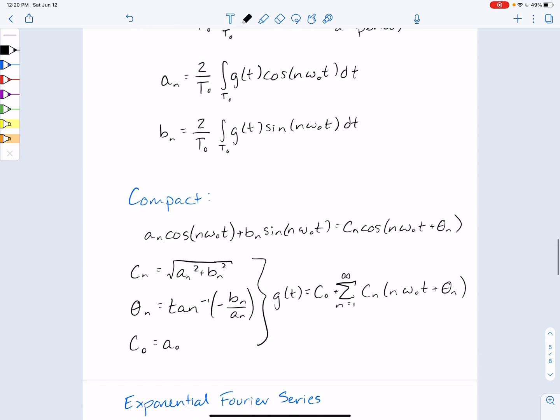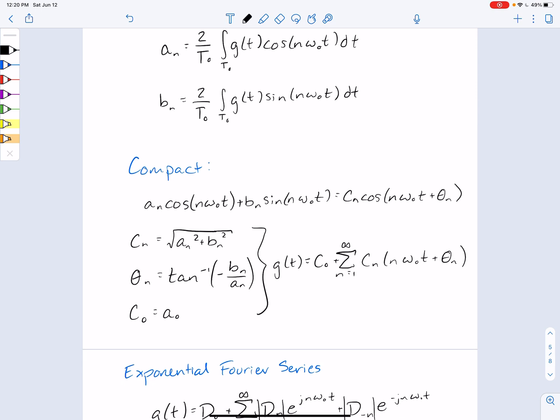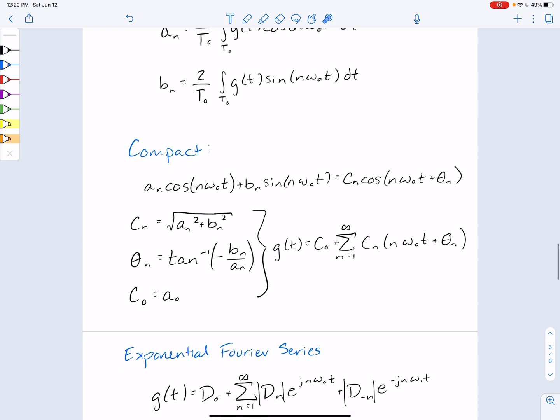Continuing on, so compact Fourier series is very similar to the trig Fourier series. It's just that since cosine is the same as sine, just with a phase shift, we could put those two together and have just one term, and there's going to be an added theta or shift.